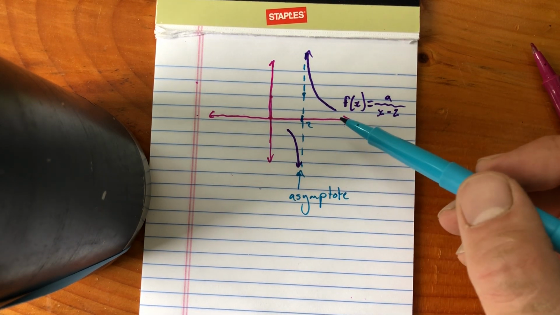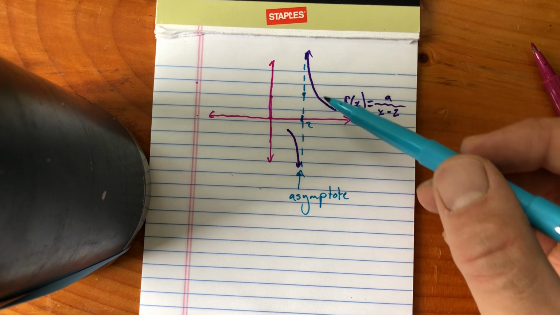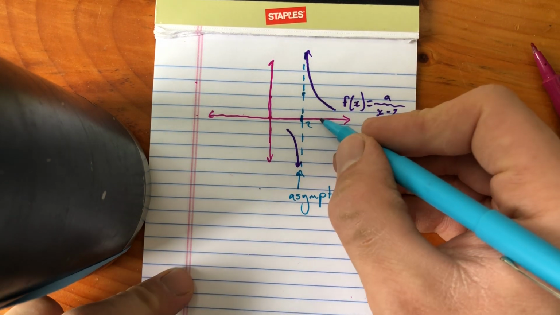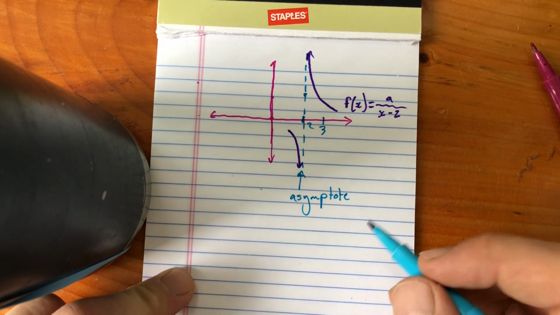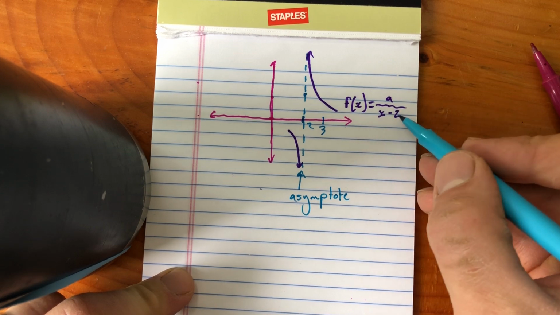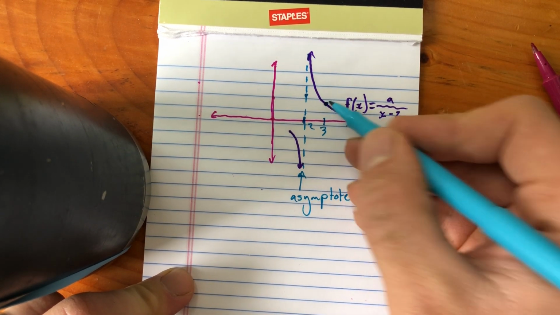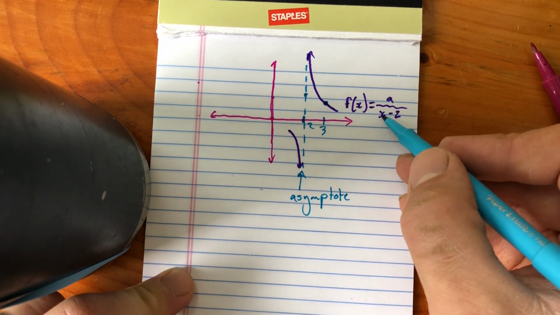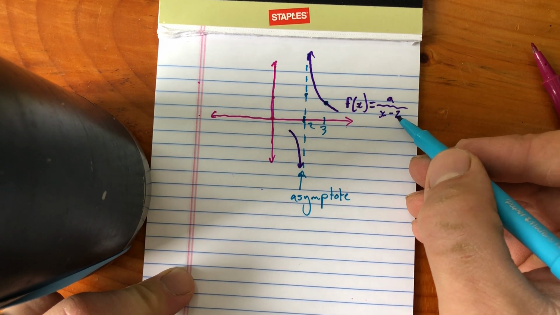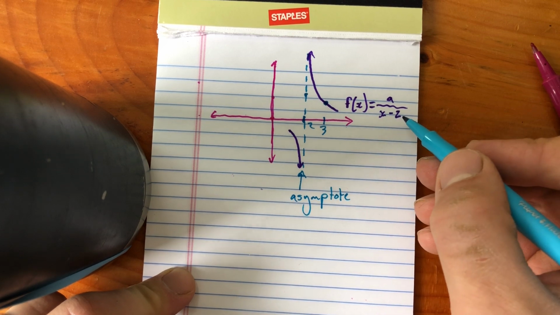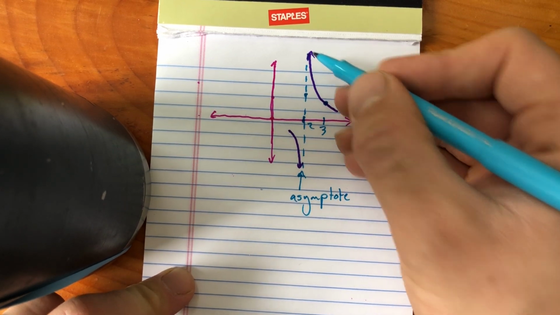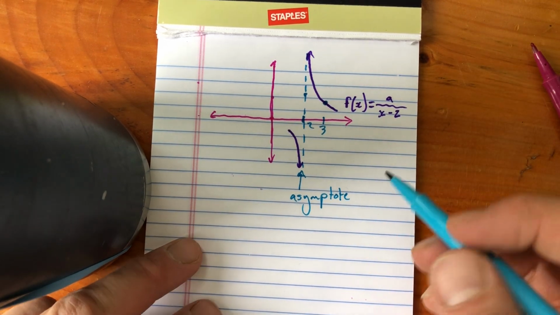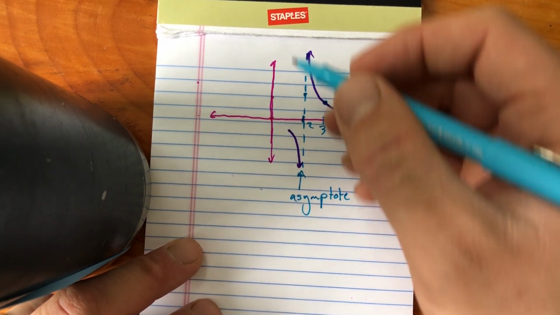And in fact, it allows you to start to understand what's happening at the asymptote. Suppose I used a number like 3 to start. A divided by 3 minus 2 is going to be positive a, so it would show up there. And then if I got closer and closer to 2, I would have like 2.1 minus 2. So it'd be like positive 0.1. Well, that's the reason why it's getting higher. When you divide by a smaller number, things get larger in magnitude.